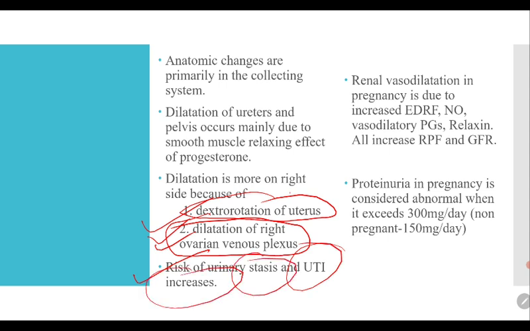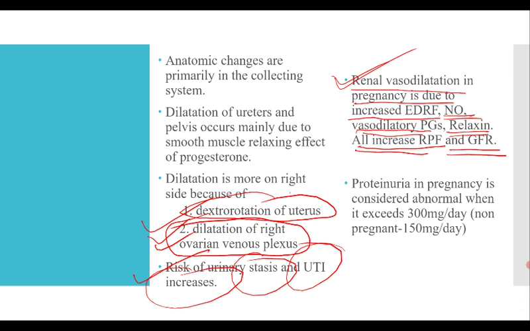Okay. In physiological changes, renal vasodilatation in pregnancy is due to what factors? Increase in endothelial relaxing factor, nitric oxide, vasodilatory prostaglandins, and relaxin all increase renal plasma flow and glomerular filtration rate.